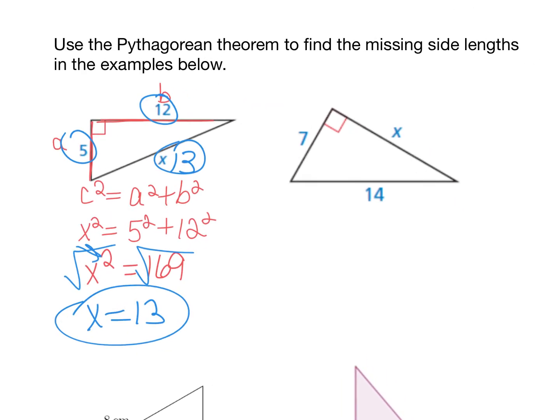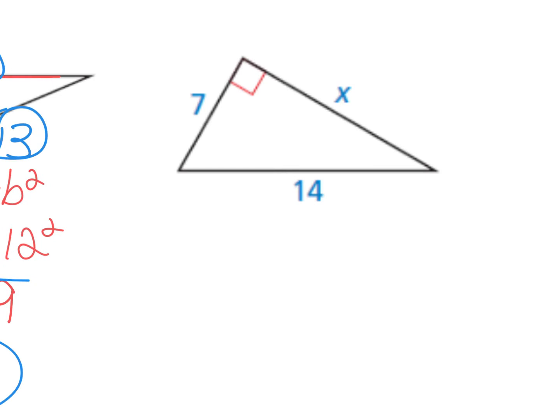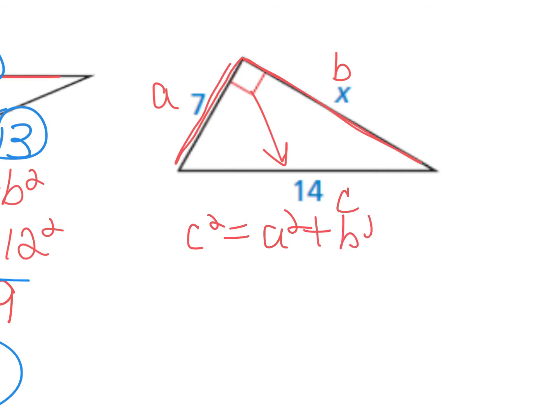So let's take a look at this next one over here. We have side lengths 7, x, and 14. The two sides that make up our right angle, right here and right here, are going to be our A and our B. And then again, across from the right angle, our longest side, is going to be C. So again, we're going to use c squared equals a squared plus b squared.